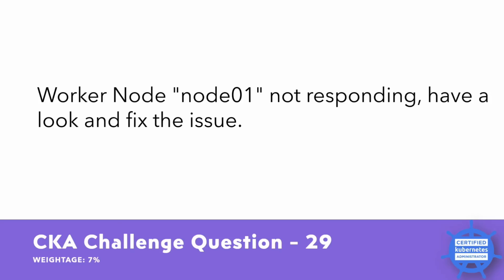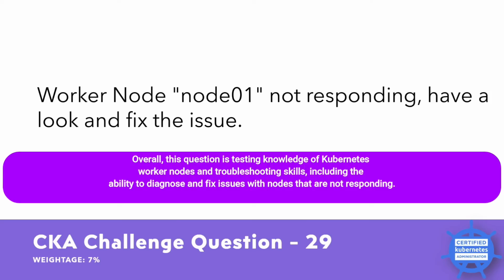These could include restarting the node, increasing the resources allocated to the node, updating or reconfiguring the Kubernetes settings, or replacing the node entirely. Overall, this question is testing knowledge of Kubernetes worker nodes and troubleshooting skills, including the ability to diagnose and fix the issue with a node that is not responding.